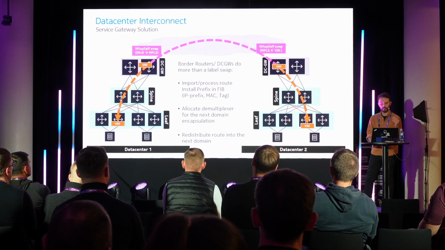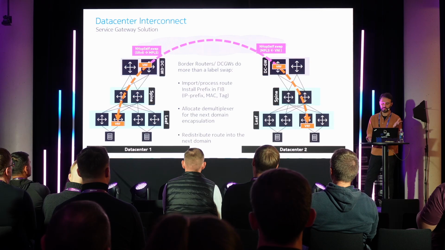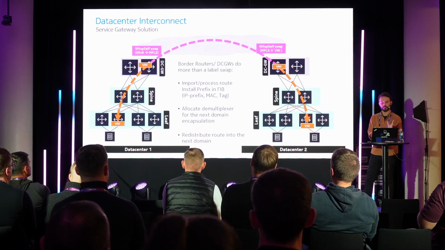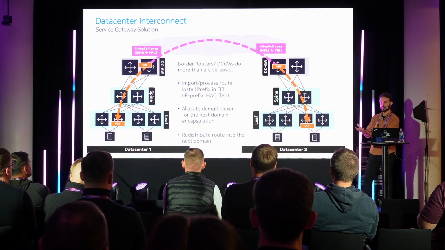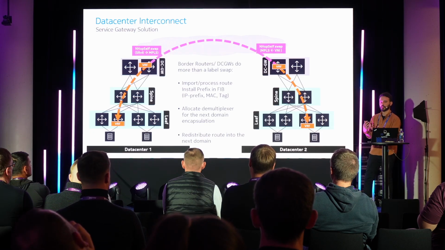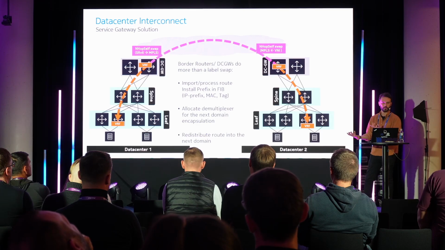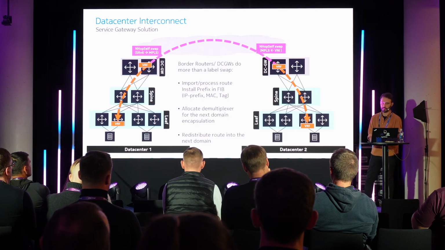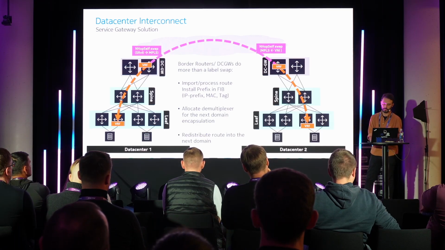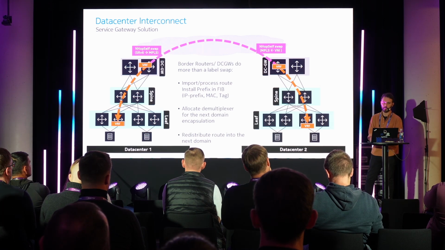Then it allocates a demultiplexer for the next domain encapsulation. So the data center gateway imports the route, translates it, and serves it to the next domain. So it just redistributes the same route into the next domain. That requires a sophisticated chipset, typically Jericho or FP4, FP5.